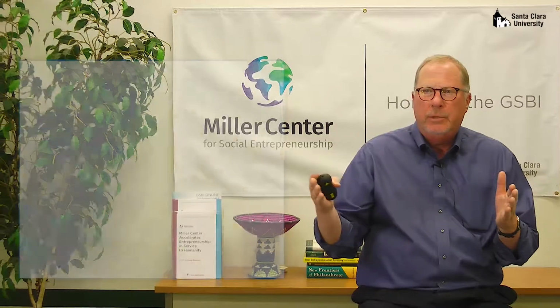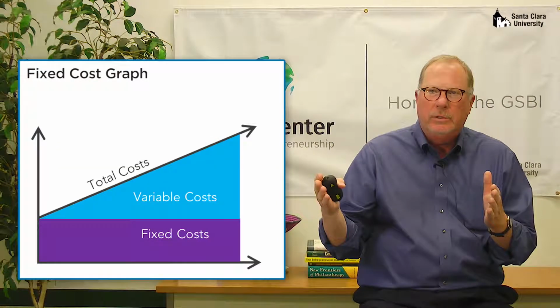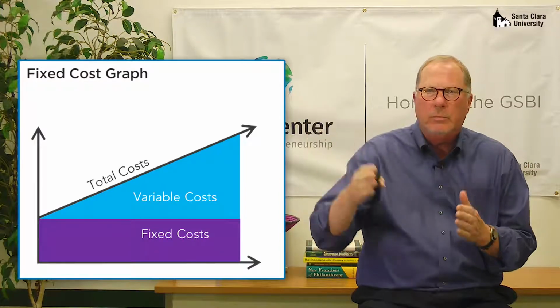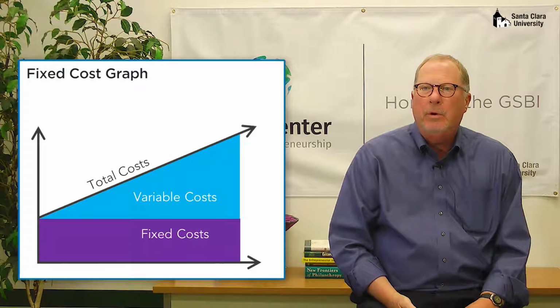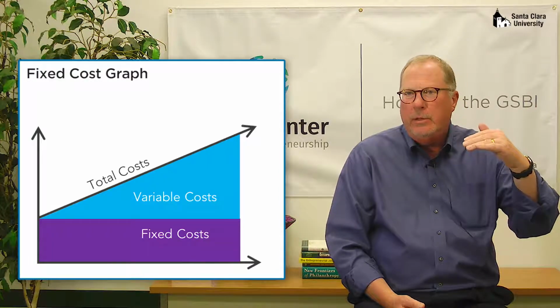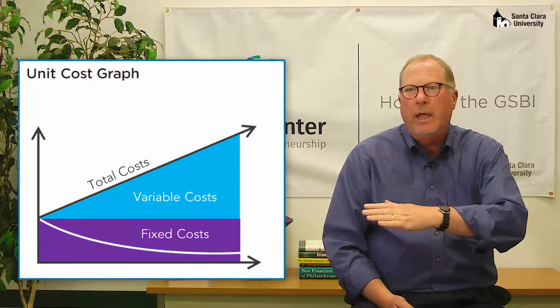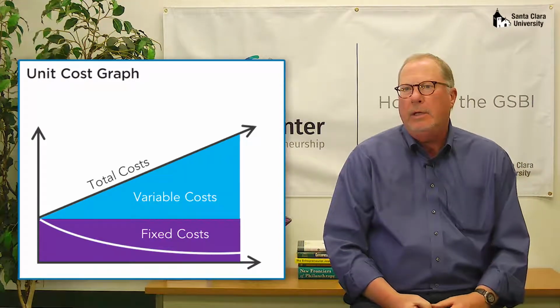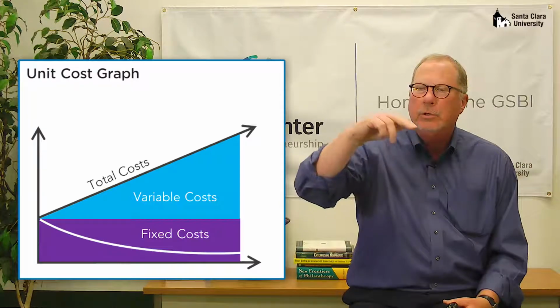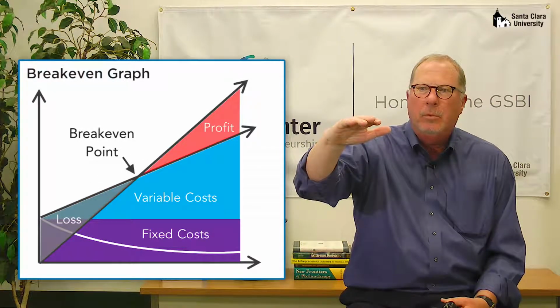So if you look at it graphically, your fixed cost should remain constant over the horizon of the number of units that you sold, but the variable cost will increase as the number of units are sold. And while you can anticipate that your unit cost may come down because you're getting economies of scale, the real crucial calculation is at what point does your revenue cross over that combination of fixed and variable cost?